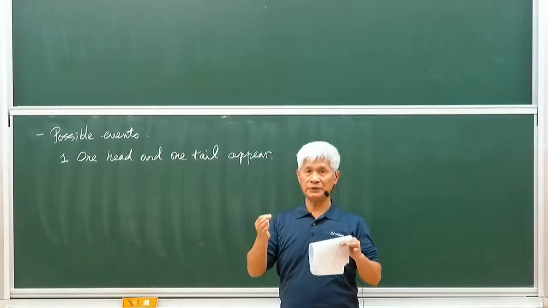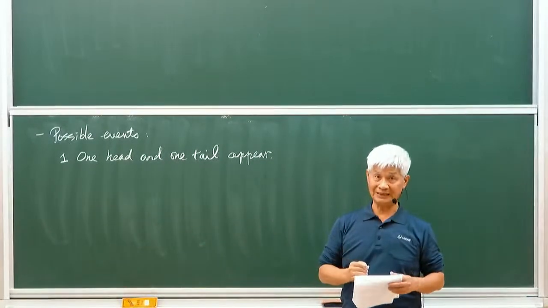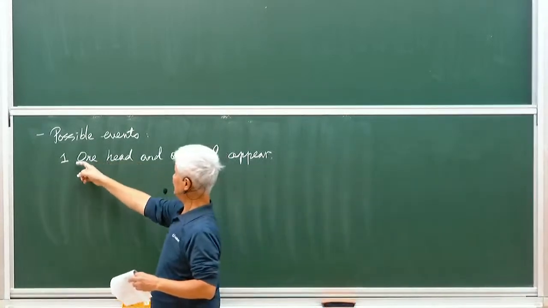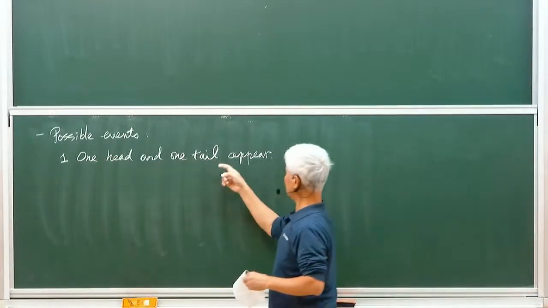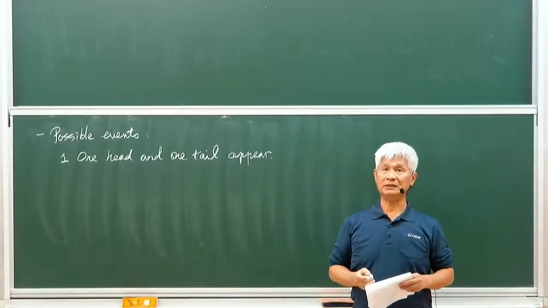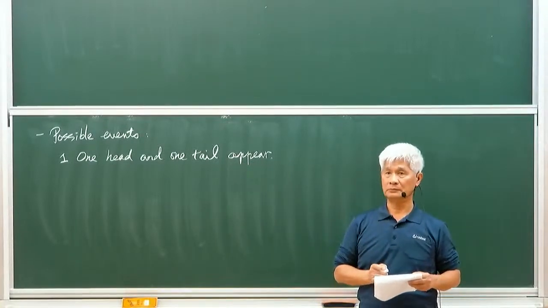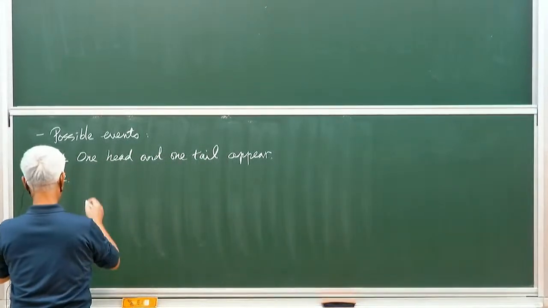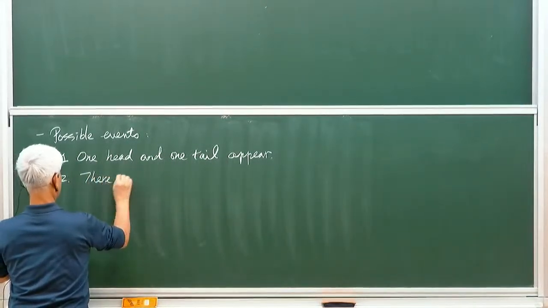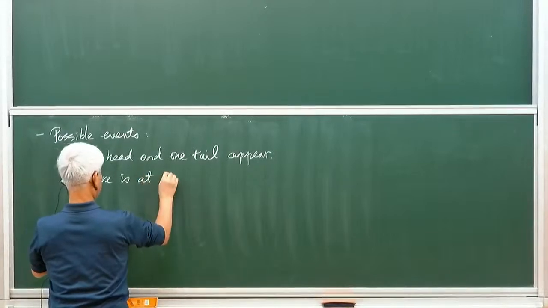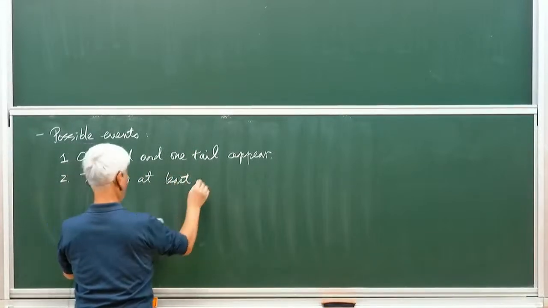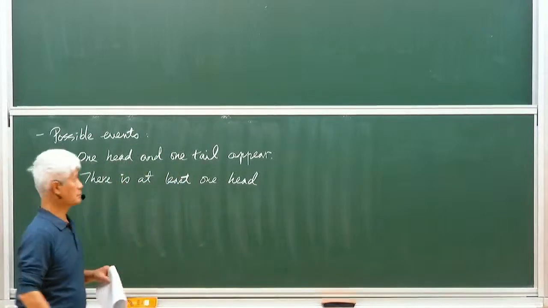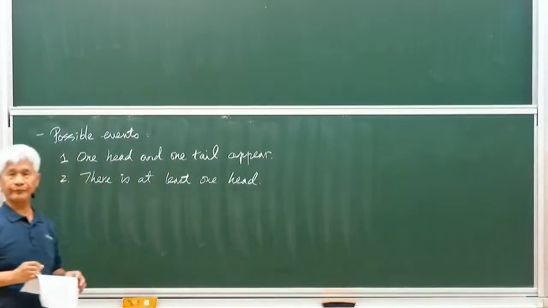So we usually use a sentence to describe an event. We say that one head and one tail appear in the outcome. So this is one possible event. The second event is that there is at least one head in the outcome.